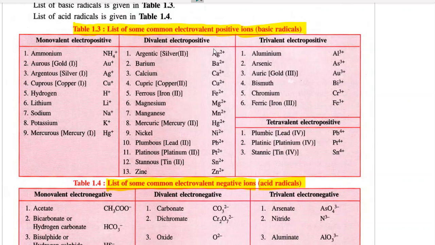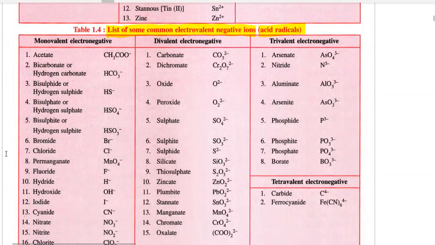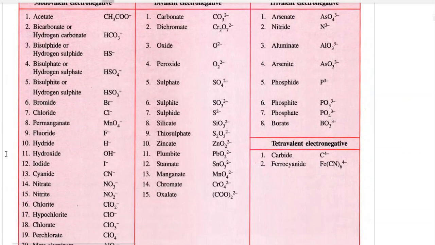ठीक है, चलो. So first I'm going to select, let's say, copper. Cu, no, not copper, sodium, I'm sorry, sodium. This is quite simple, sodium. And from negatives, I'm going to take, let's say, nitrate, NO3 minus.